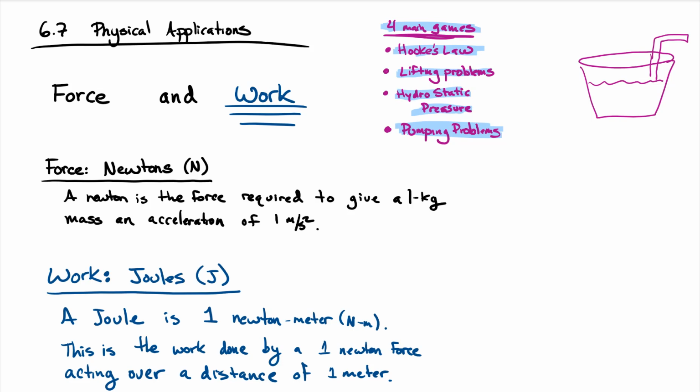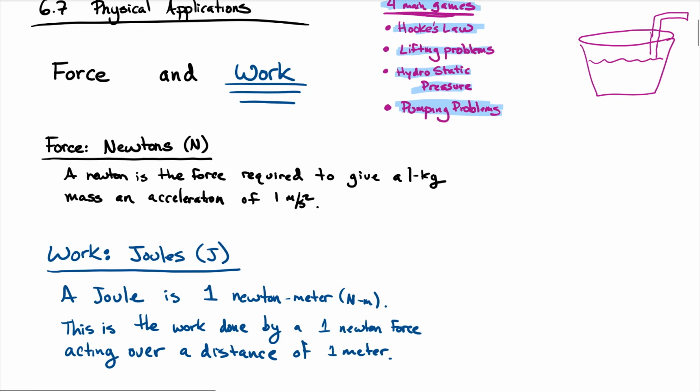And that might be a little rough to kind of picture, but just hang on. Now, what do we got now? We got joules. Joules are our unit of work. We'll be using a J. A joule is 1 Newton meter. So it's saying, 1 Newton. Well, newtons are a unit of force.